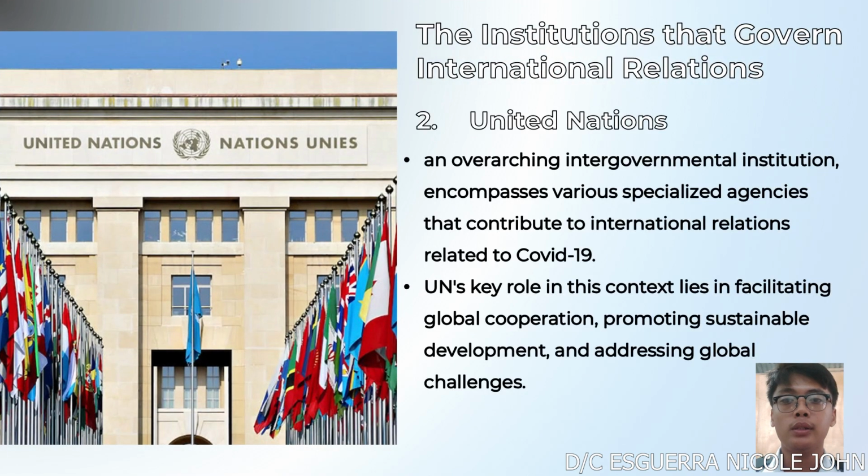So the next one is the United Nations. The United Nations, as an overall intergovernmental institution, encompasses various specialized agencies that contribute to international relations related to COVID-19. The United Nations' key role in this context lies in facilitating global cooperation, promoting sustainable development, and addressing global challenges.